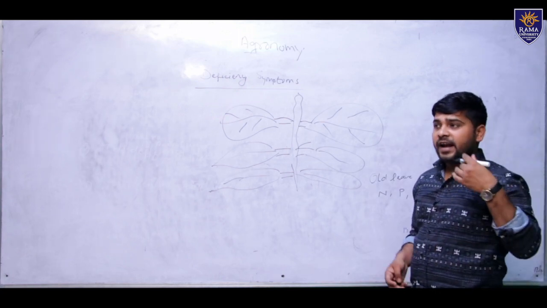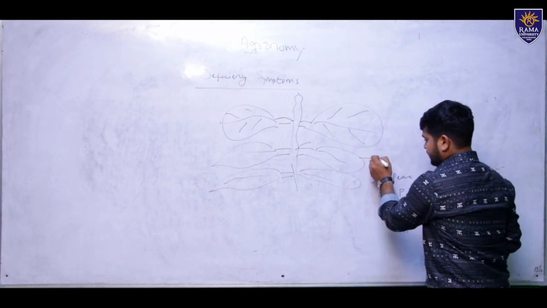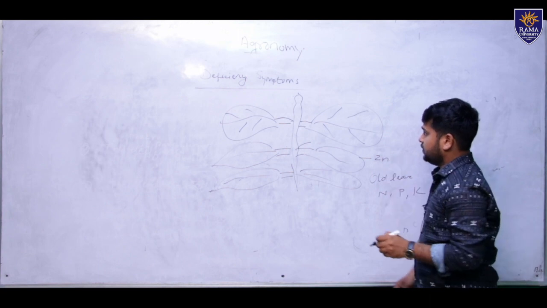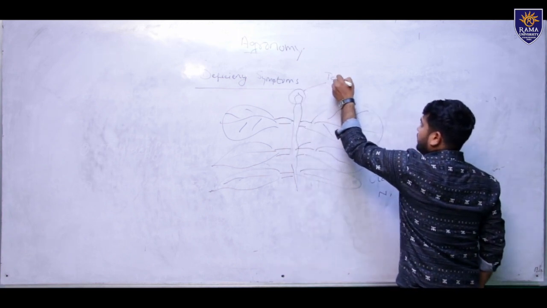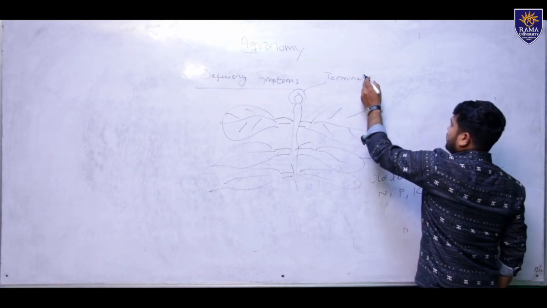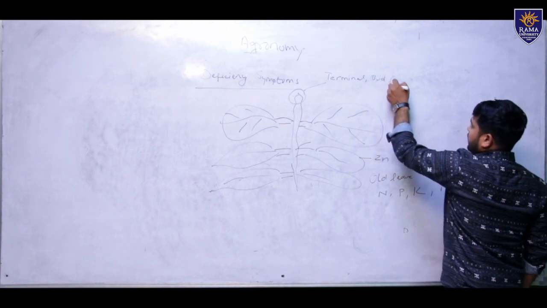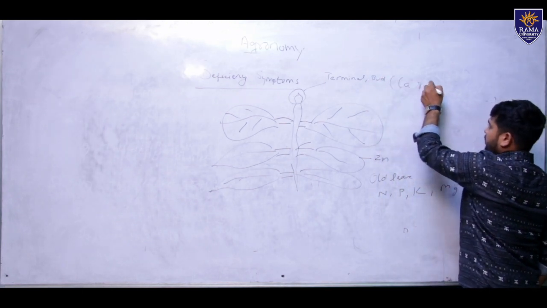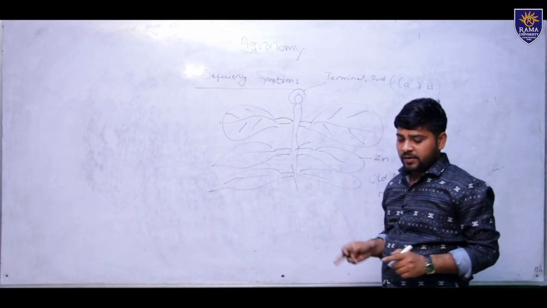And deficiency at middle leaves. Deficiency at the middle leaf is zinc. At the terminal bud, calcium and boron.